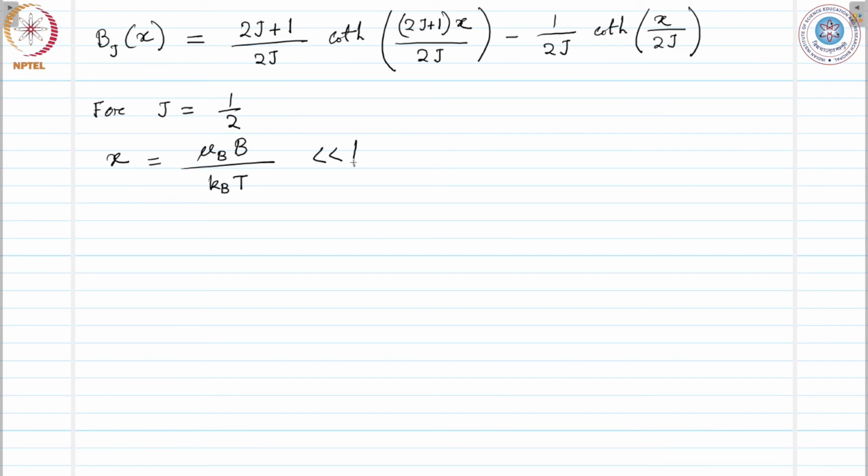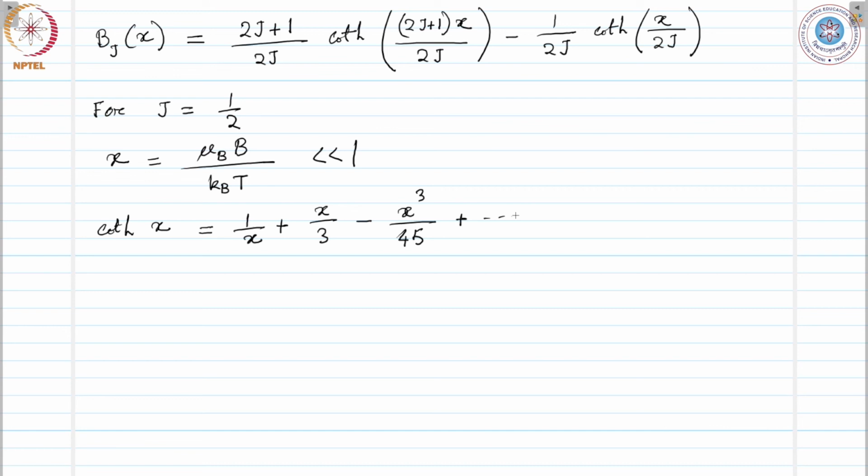If we have this kind of situation, then coth x can be expressed as 1 over x plus x over 3 minus x cubed over 45 and so on.